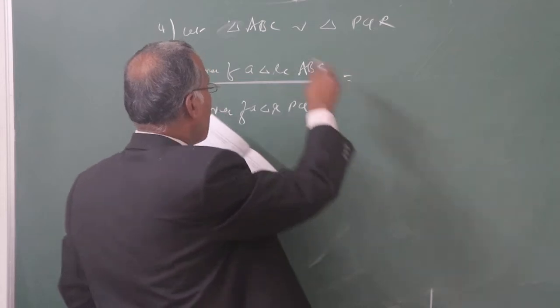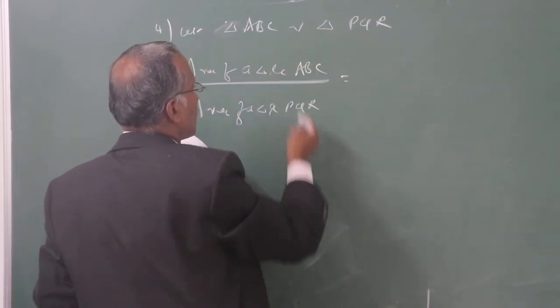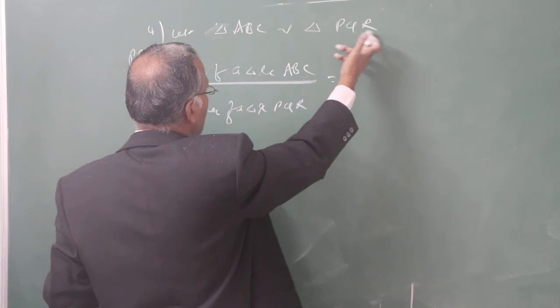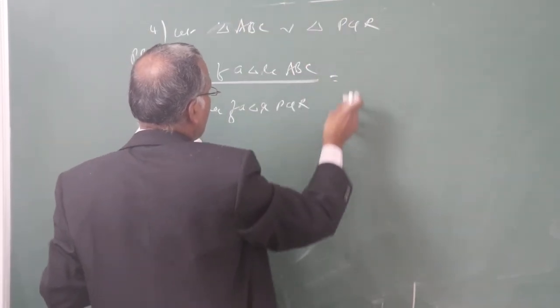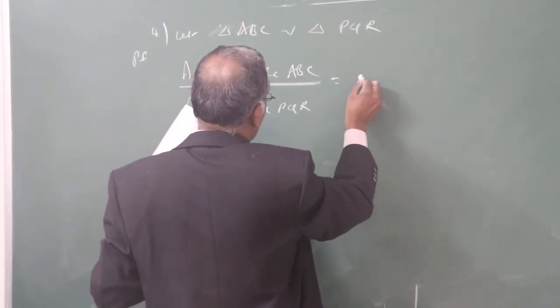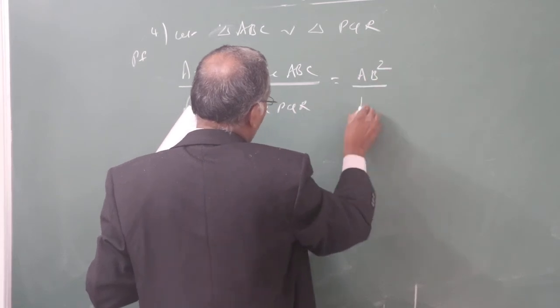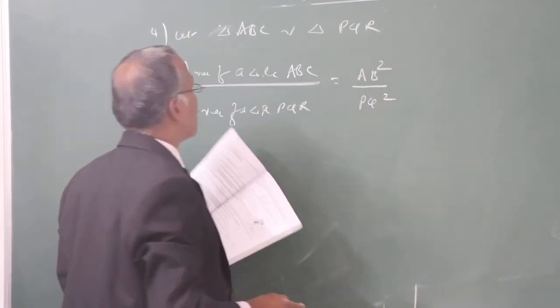There are three pairs of corresponding sides: AB square by PQ square, BC square by QR square, AC square by PR square. Any one you can write, no problem at all. Therefore, I can say AB square by PQ square, according to that theorem.